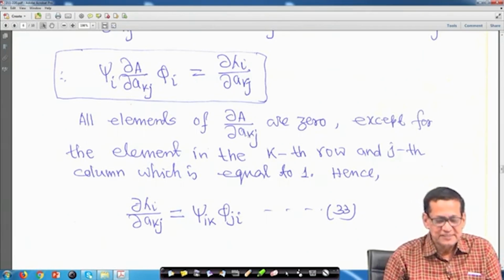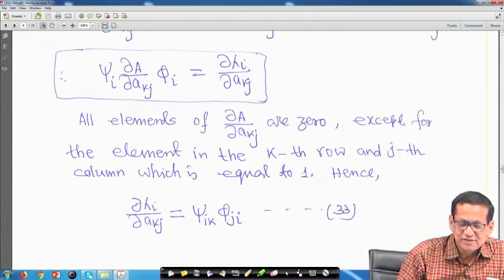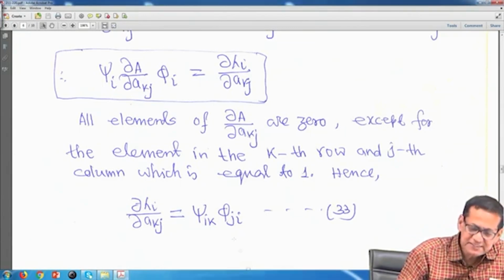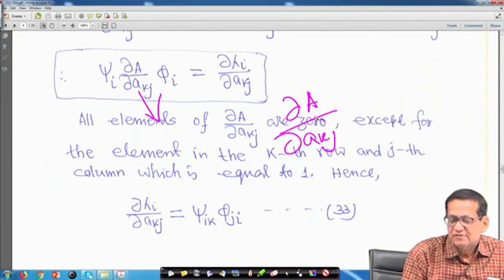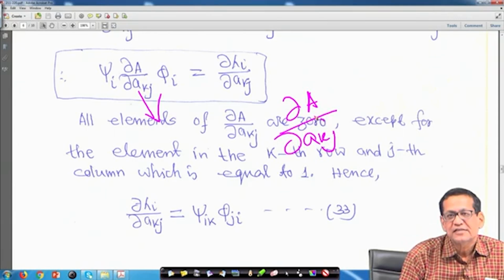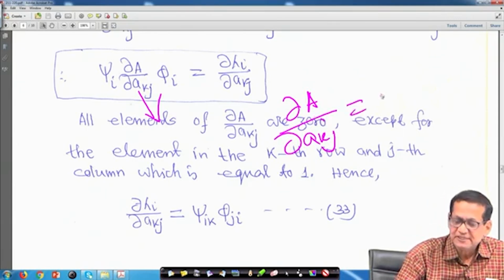So, that means ∂A/∂A_kj will be 1 with respect to the kth row and jth column element, and this should be equal to 1.